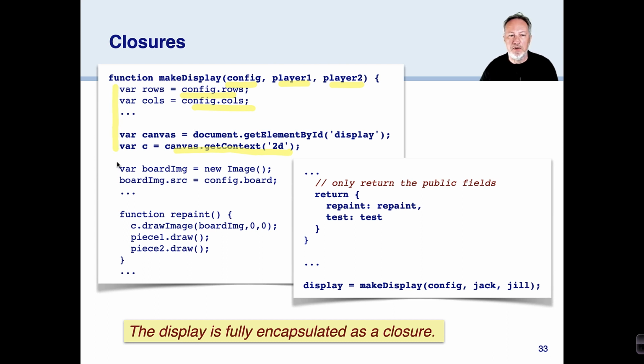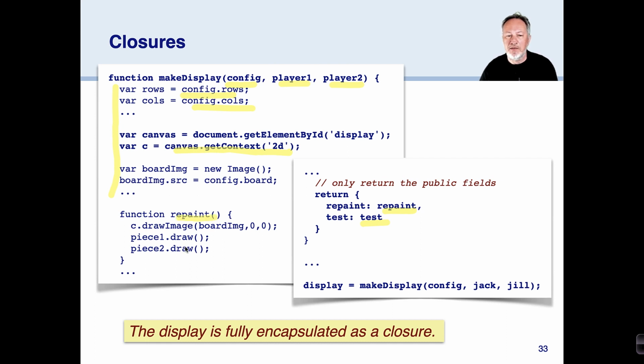There's a fair bit of junk in here that we want to hide, so we put it all in a scope, an environment, and the functions that we return, namely there's going to be a test method and a repaint method. These will have access to all of this information.